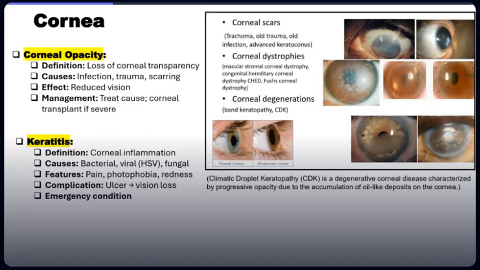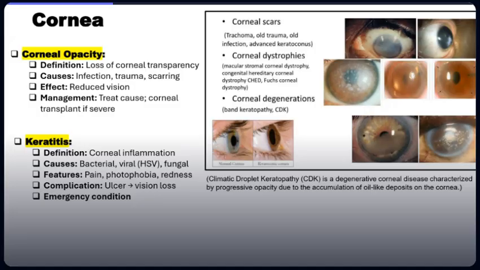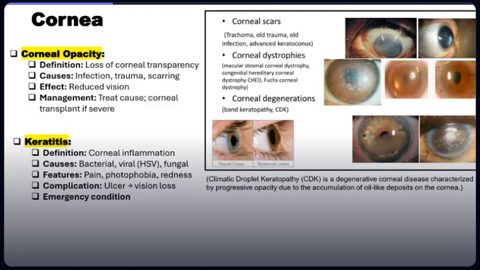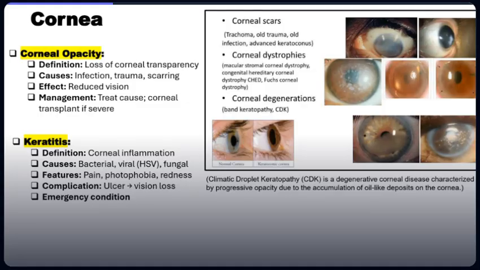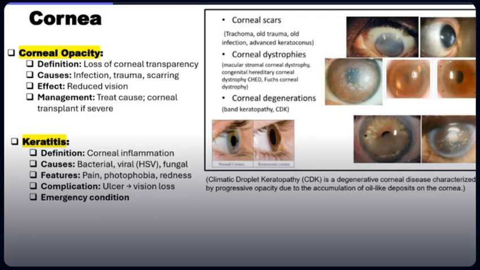Keratitis, however, represents a dynamic inflammatory emergency where pathogenic invasion, whether bacterial, fungal, or viral, triggers a rapid leukocytic infiltration and tissue degradation that can lead to permanent ulcerative perforation.